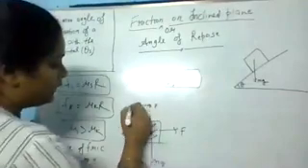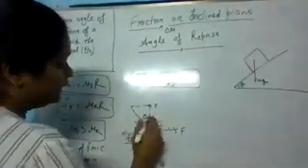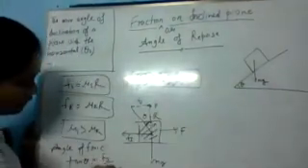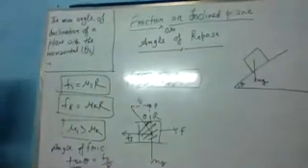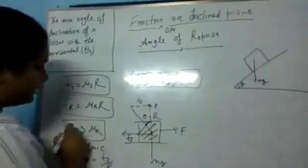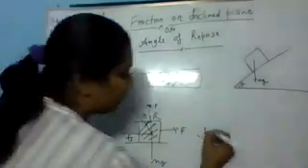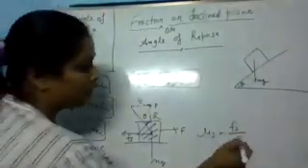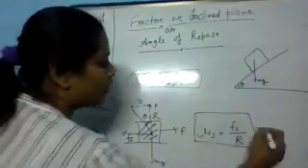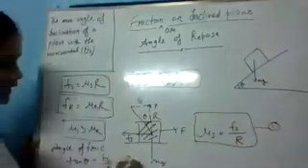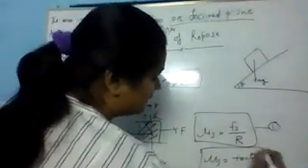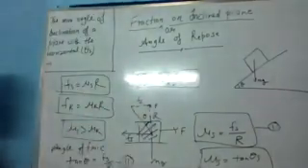The perpendicular, on the front side of theta, will be Fs and the base is R. So Fs upon R. This is your angle of friction. And the coefficient of static friction is also the ratio of static friction to the reaction force. So from this and this equation, we have one more equation: mu s equals tan theta s. That much about the formulas was discussed.